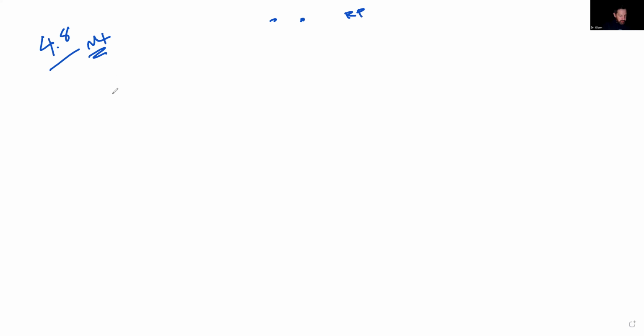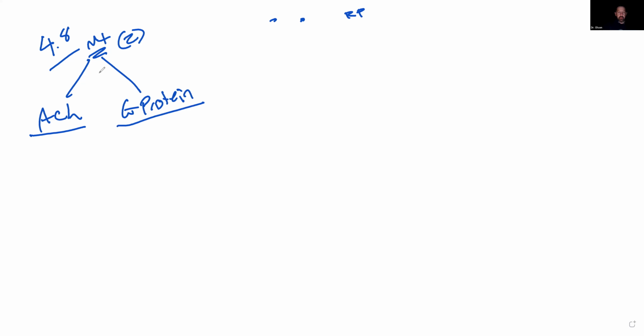What we can do here is break up our neurotransmitters into two divisions: acetylcholine, and what we call G protein. We've talked a little bit already about acetylcholine.